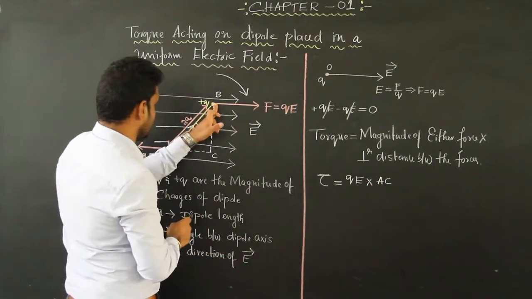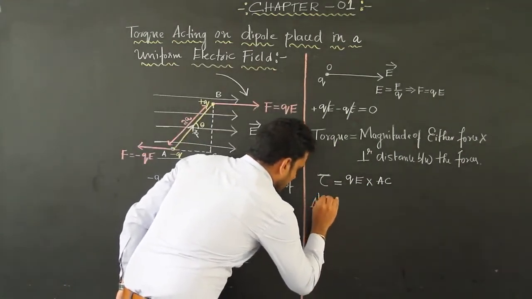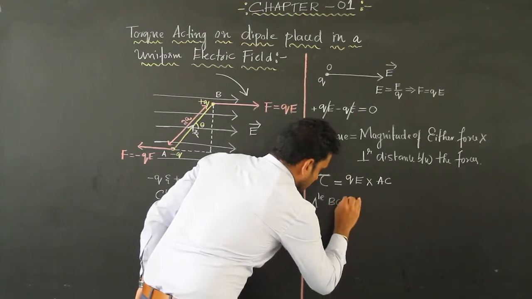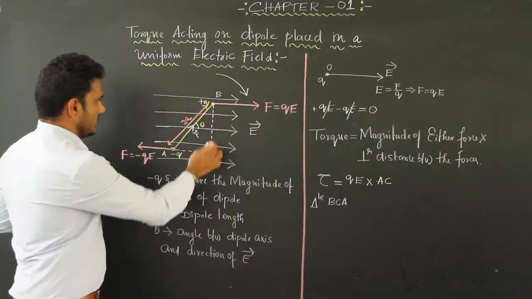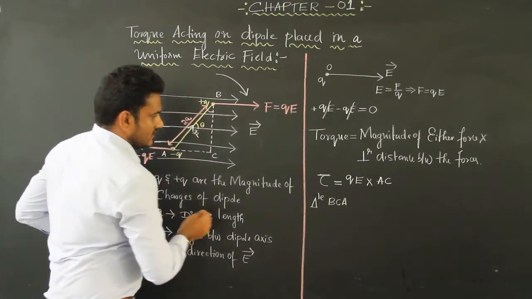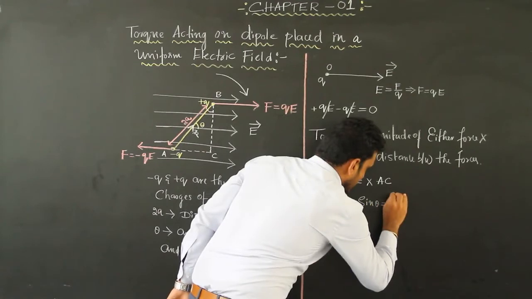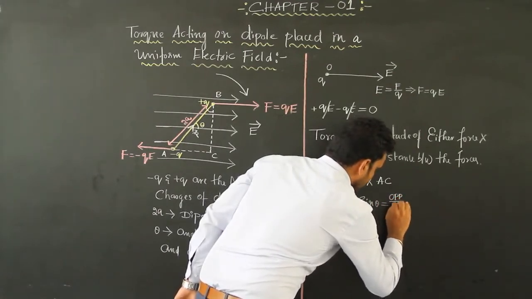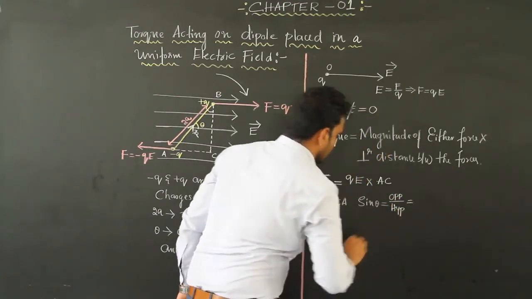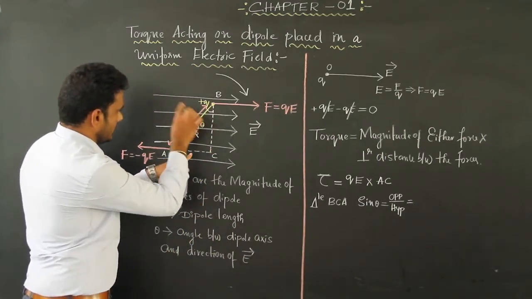So for that I am considering the triangle BCA. From the triangle BCA, for this angle, simplify it for sin theta. Sin theta is opposite by hypotenuse. So to this angle, this is opposite, adjacent, hypotenuse.